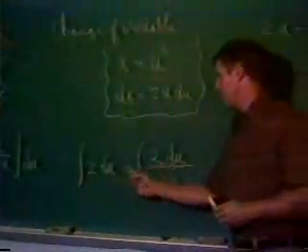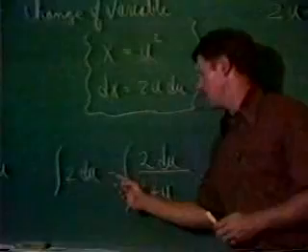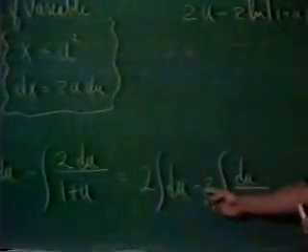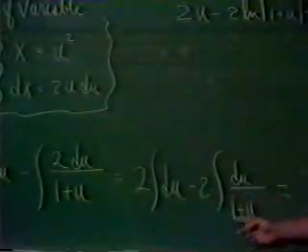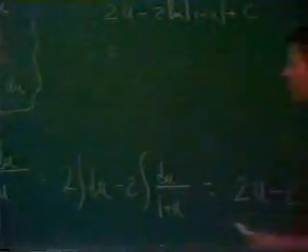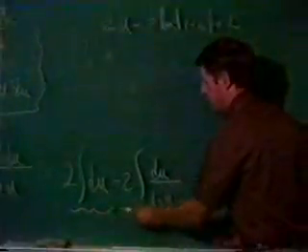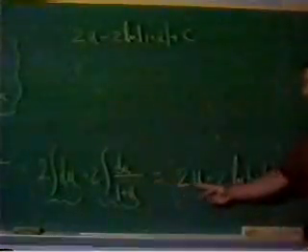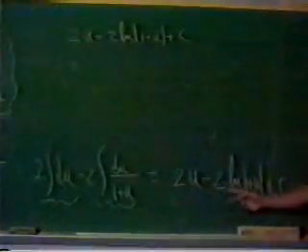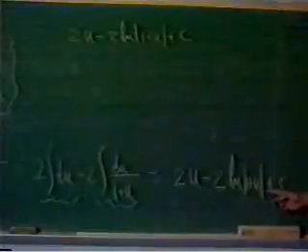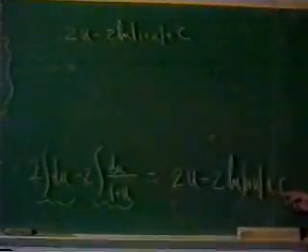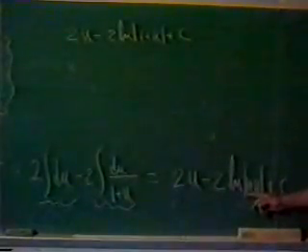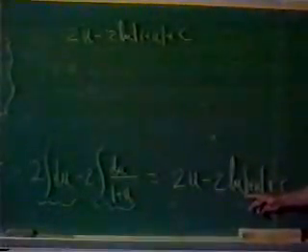Recalling that if we have constants, we can move those outside the integration symbol, we have 2 times the integral of du minus 2 times the integral of du over 1 plus u. Both of these integrations are easily performed. Integrating, we get 2u minus 2 times the log of 1 plus u, and we tack on the constant of integration. So we've been able to perform the task of integrating, but we're not through.